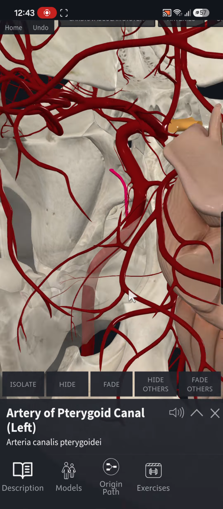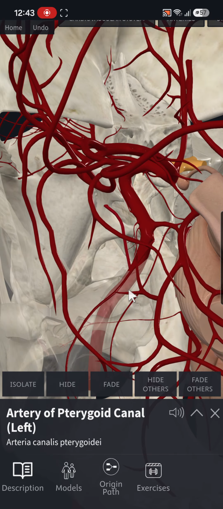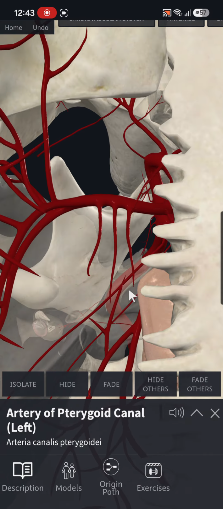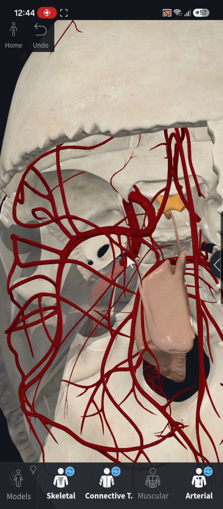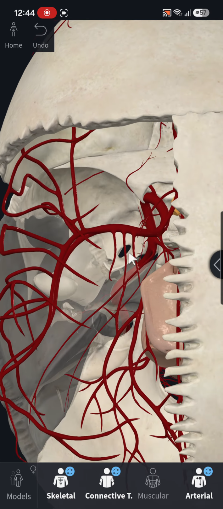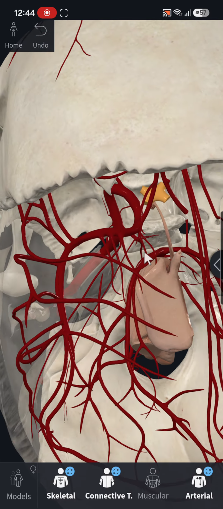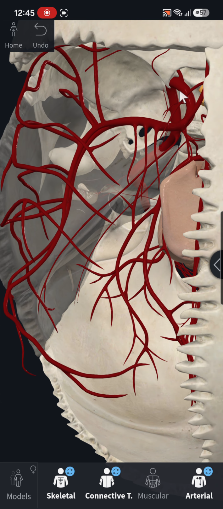And then we have the C3. It's the lacerum segment, because it passes by the foramen lacerum. So here we have the lacerum segment. It passes by the foramen lacerum just underneath here. If you can see it, it's a foramen between the sphenoid bone, the temporal bone, and the occipital bone right here.